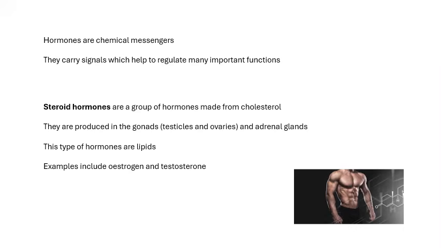Hormones. Now, hormones are chemical messengers. They carry signals around the body to regulate various things. Now, there's a type of hormone called steroid hormones, and they're made from cholesterol, yes, and they are lipids, okay, and they are produced in the gonads, which for a gentleman is his testicles, for a lady it's her ovaries, and in the adrenal glands as well.